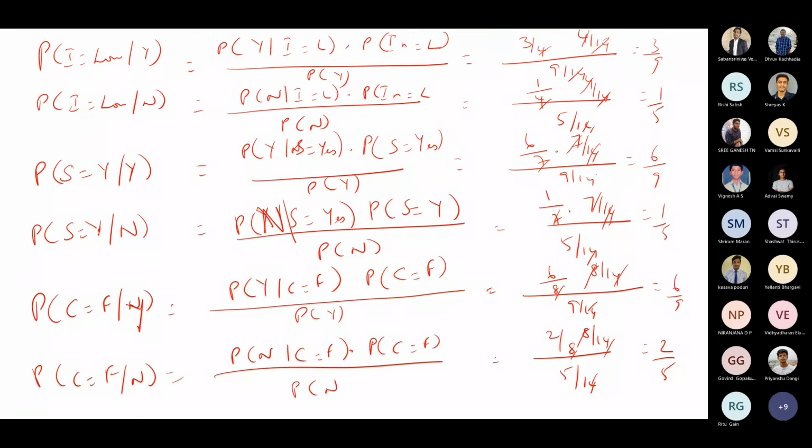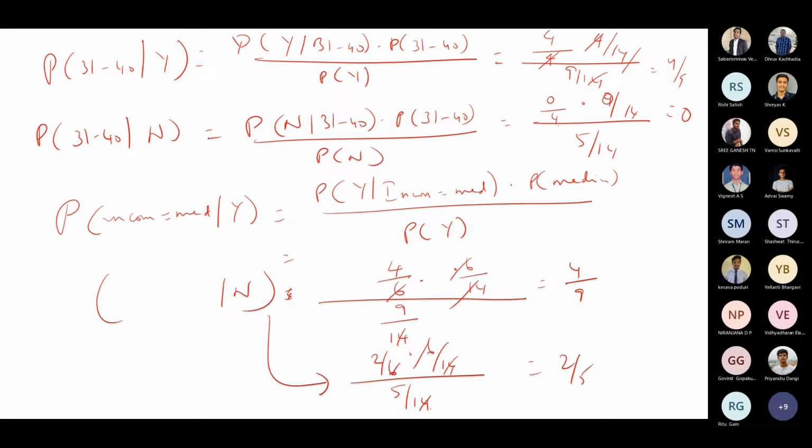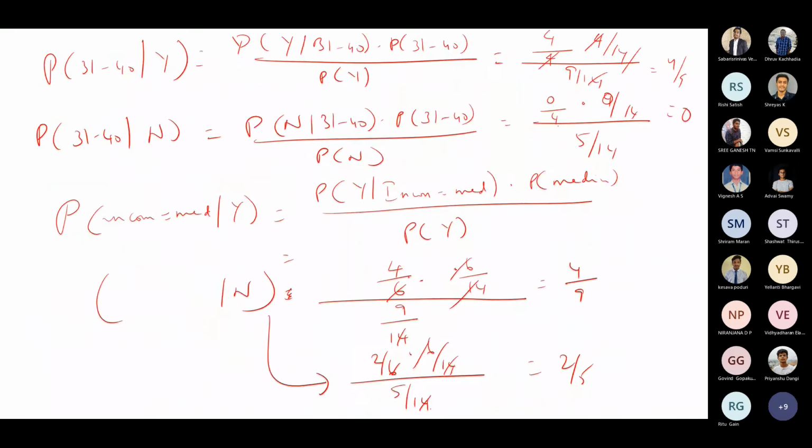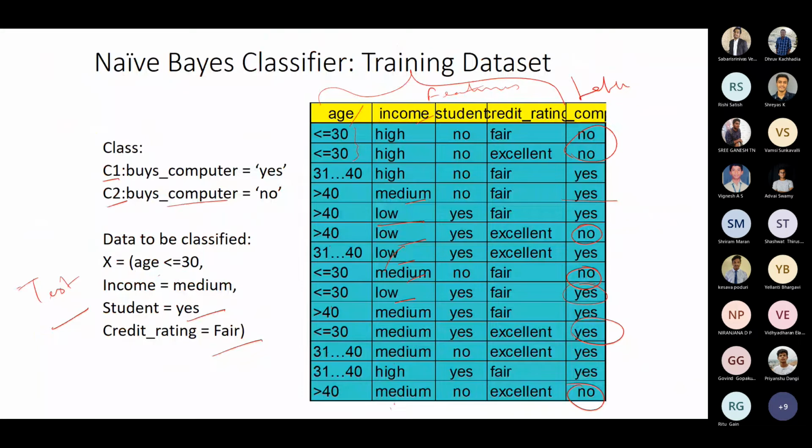Now to classify finally, my data set is... Excuse me. Why are we considering students equal to no case, ma'am? No, you have to find out. Actually, the probability model should consider. You have to compute that also. I said I am not computing now because of want of time. I have to typically consider all possible options.